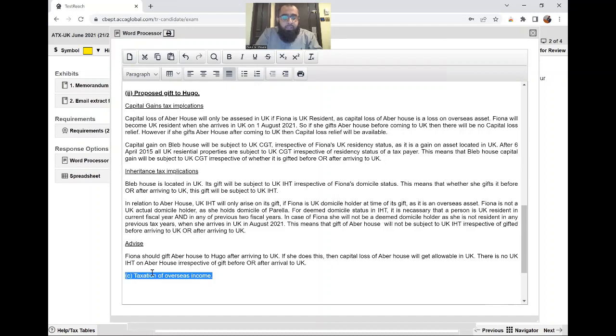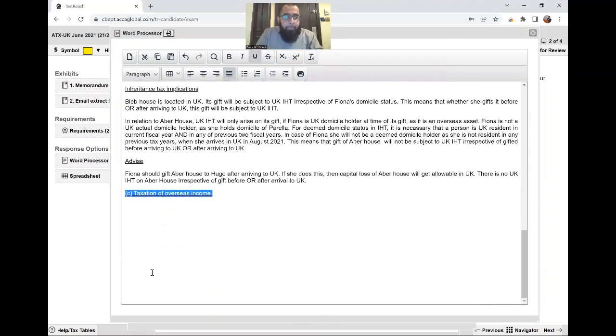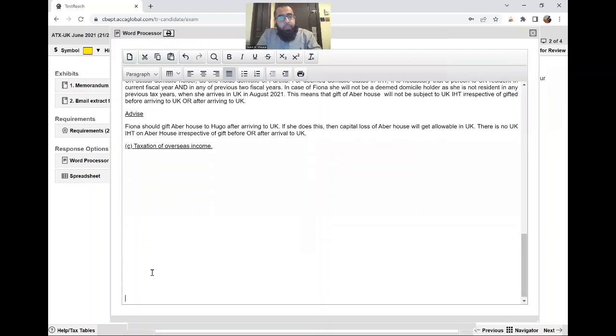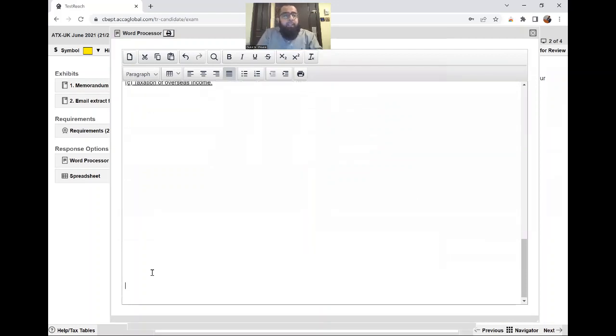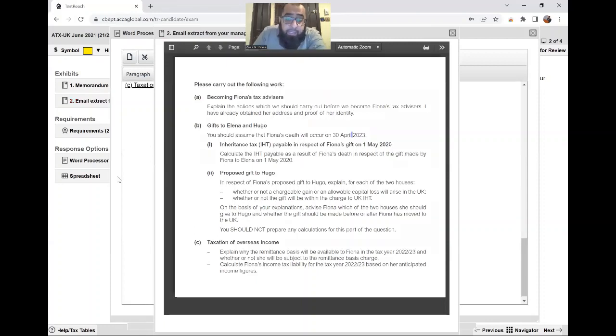Taxation of overseas income. Let's look at what he's asking from us. Okay, let's read the email. Explain why the remittance basis will be available to Fiona in the tax year 2022-23 and whether or not she will be subject to the remittance basis charge.